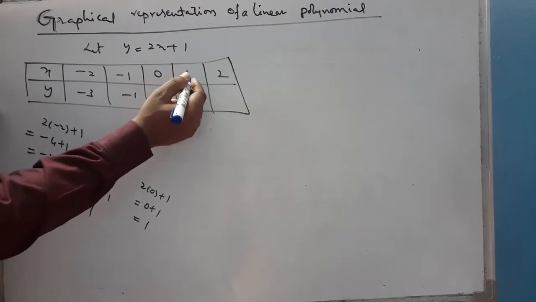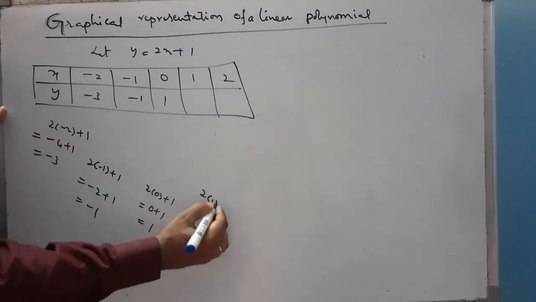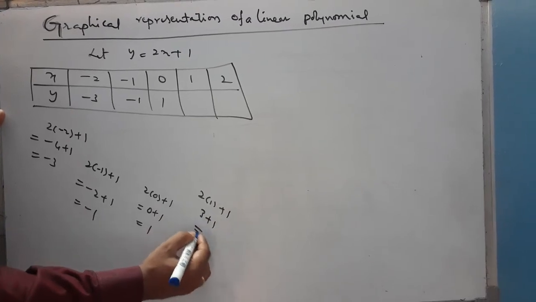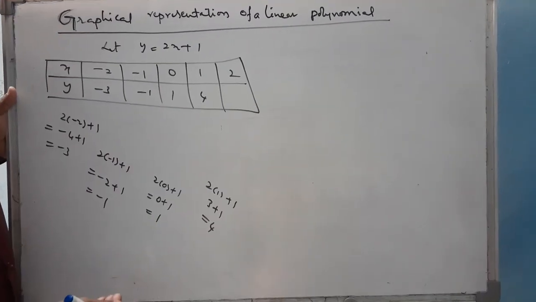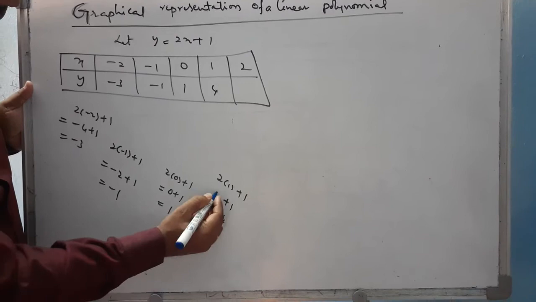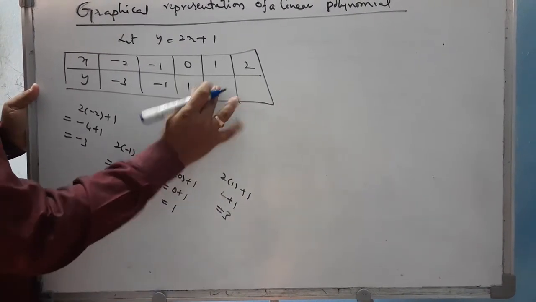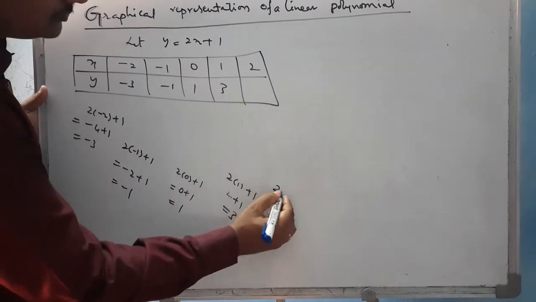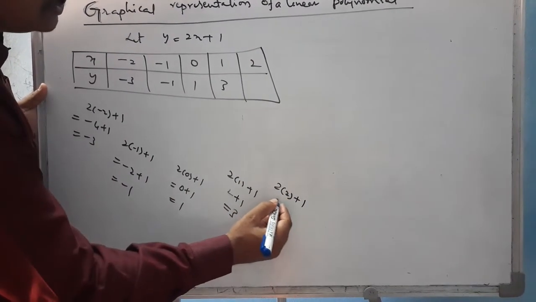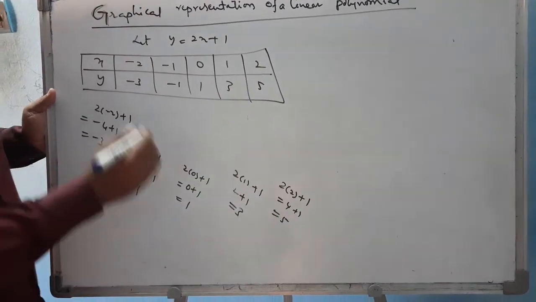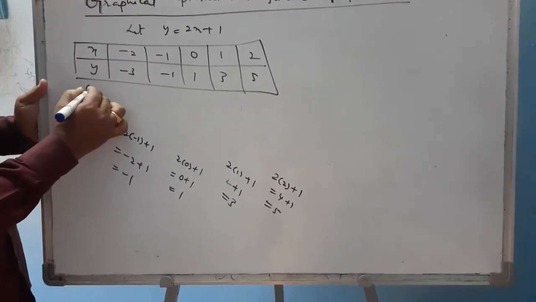If you substitute 1, we get 2 into 1 plus 1, that is 2 plus 1, equal to 3. And for 2, 2 into 2 plus 1, 4 plus 1, that is equal to 5. So here I am taking x comma y.